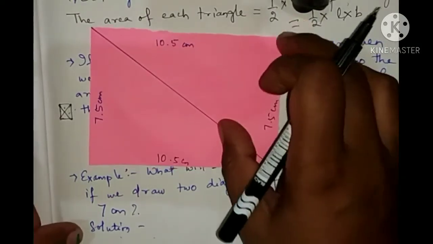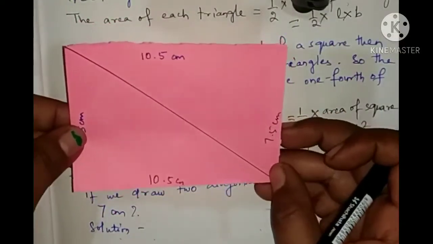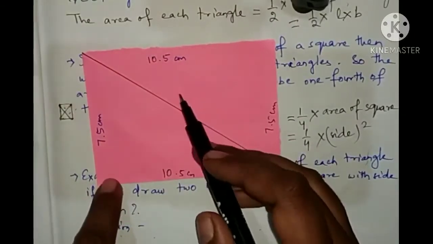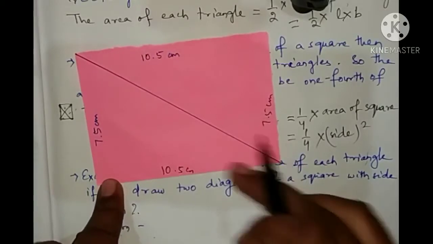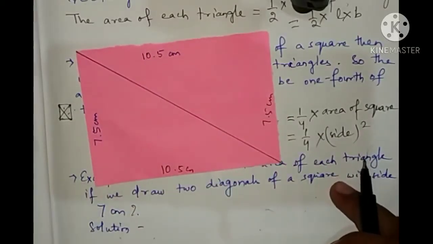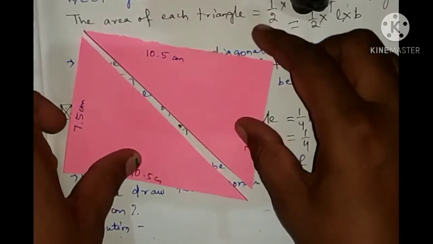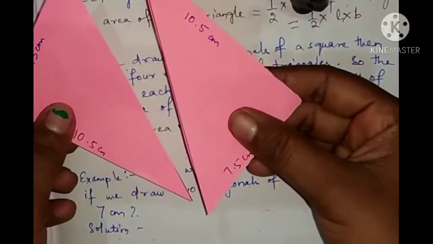Look here, I have taken a rectangle made of paper. The length is 10.5 centimeter and the breadth is 7.5 centimeter, and I made a diagonal. If I cut this, what will I get? Look, I have cut the diagonal and I got two triangles.